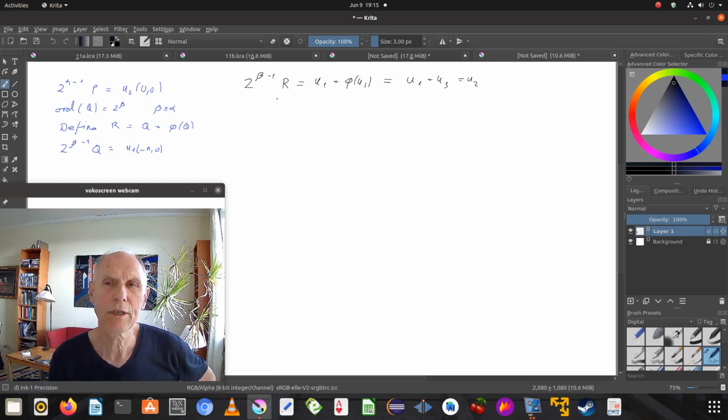Now, does it mean that R has order 2 to beta? Well, we know 2 to beta is the unit element, point at infinity.